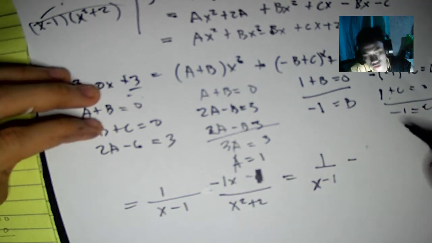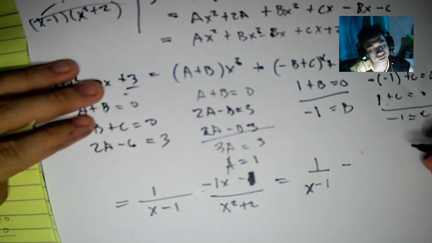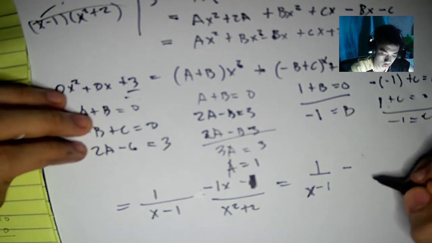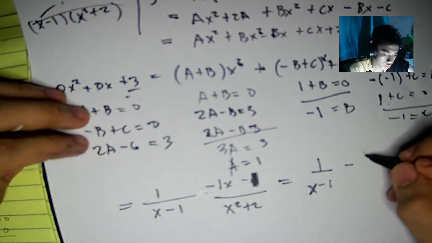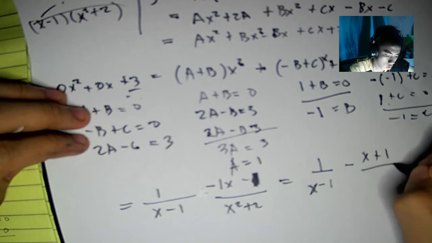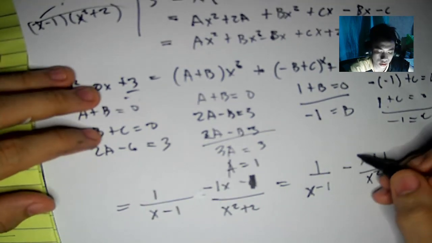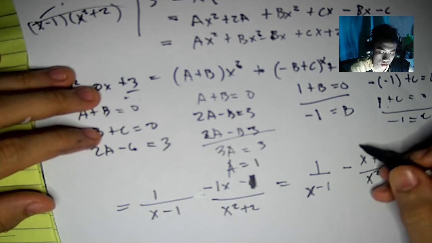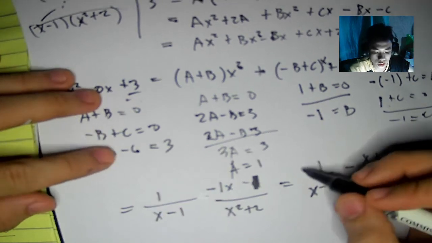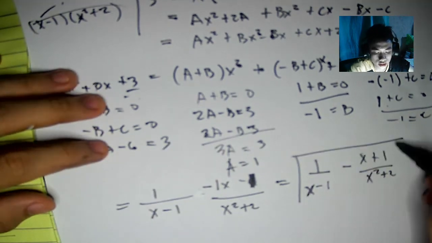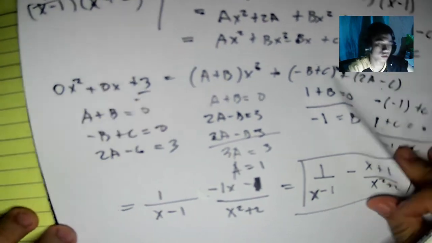It's not very necessary to just put 1x. Let's just consider it as x plus 1 over x squared plus 2. So it's given that it has 1 as numerical coefficient if we don't have it given. So that is our answer for case number 3. So let's go to our next lesson.